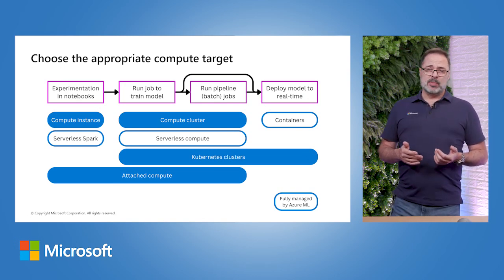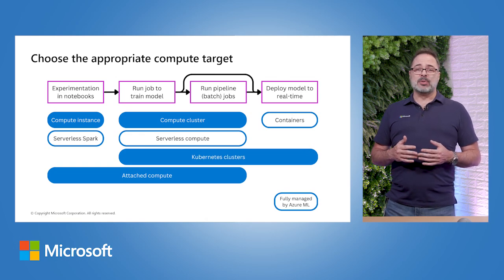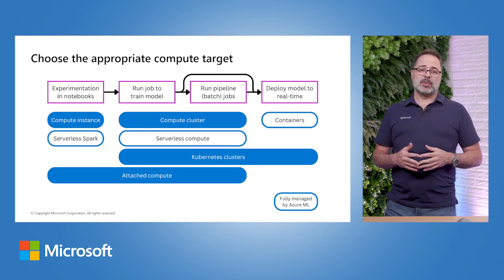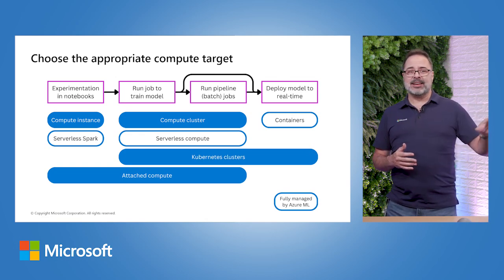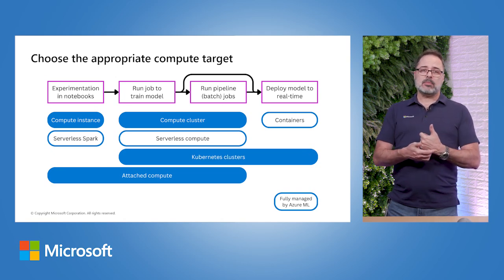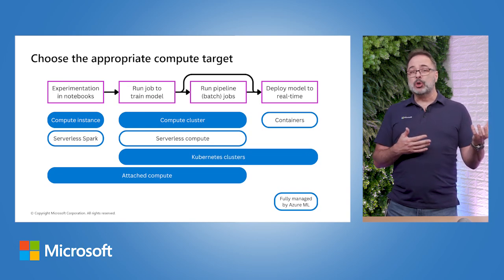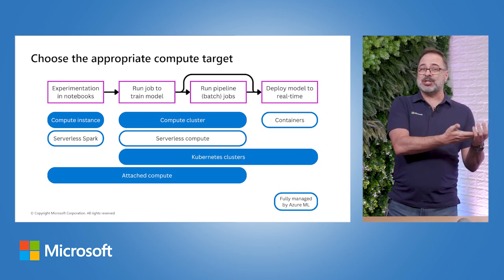The typical reason we might use this is because we may have been doing machine learning or data engineering workloads outside of the machine learning workspace, before maybe it was even created, and we already have that compute existing. One example might be that we're using Azure Databricks for a while, and instead of creating duplicate compute, we simply attach to the existing compute.